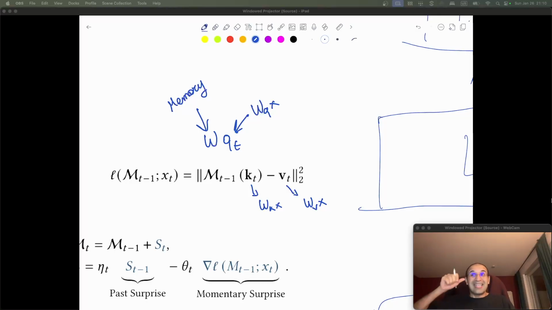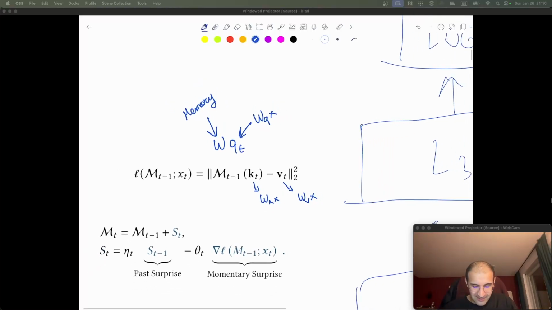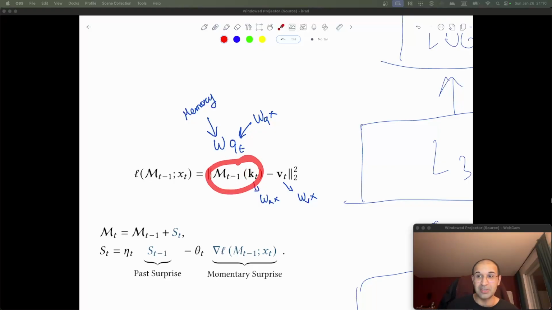We want to update this W, okay? So how to do that? We project the information of a single token with WV, we project it with WK, we compute this term here, which is just W multiplied by this term here.